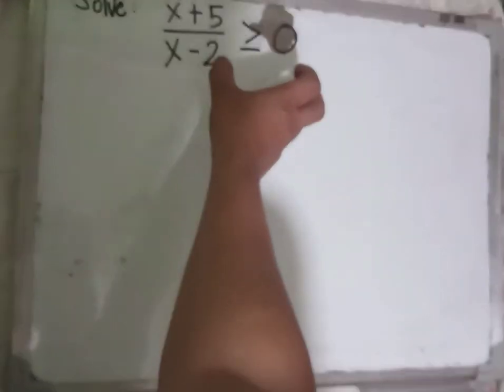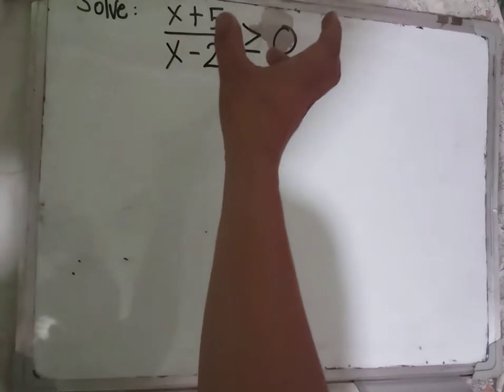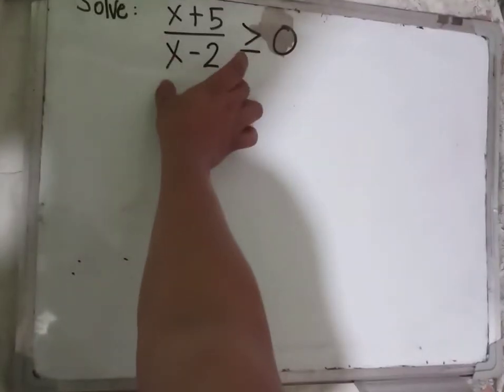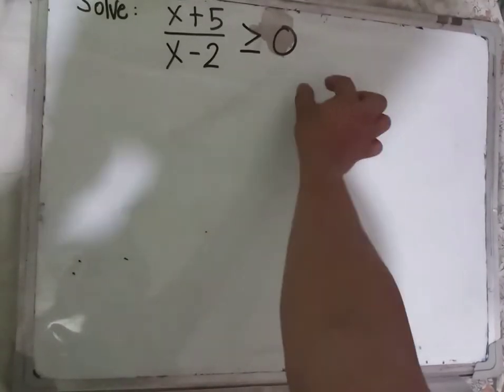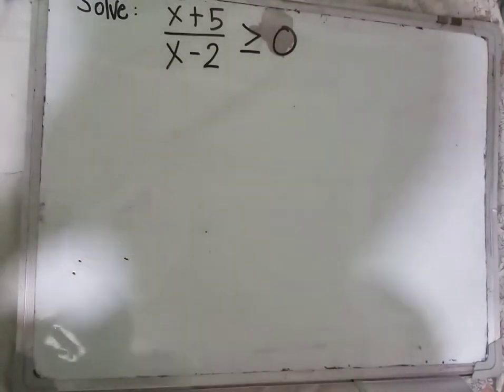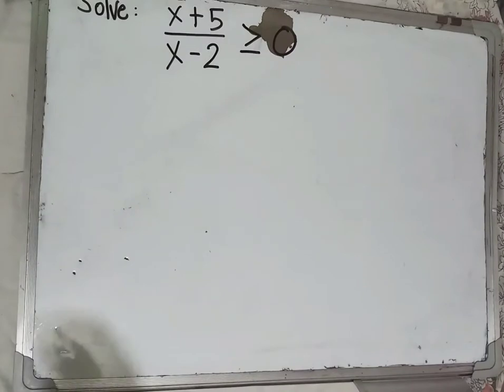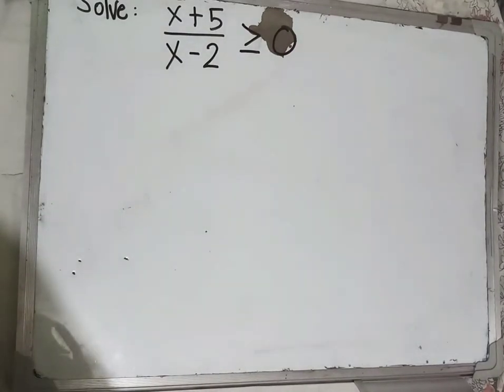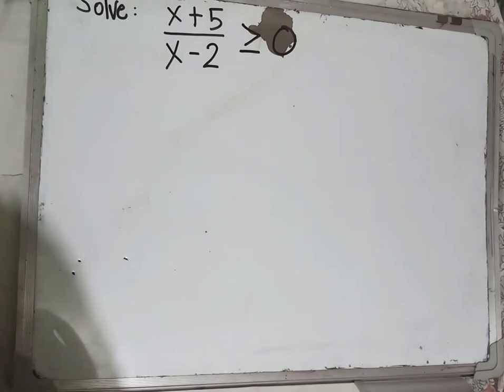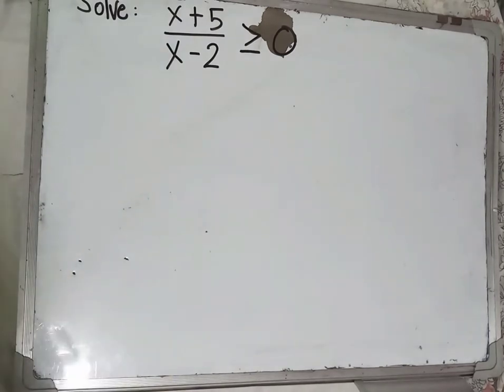So based on the given example, it's already done because the left side of this inequality is a rational expression and the right side of this inequality is 0. So proceed to step number 2. Step number 2, you need to get the meaningful numbers by setting the numerator and denominator equal to 0.